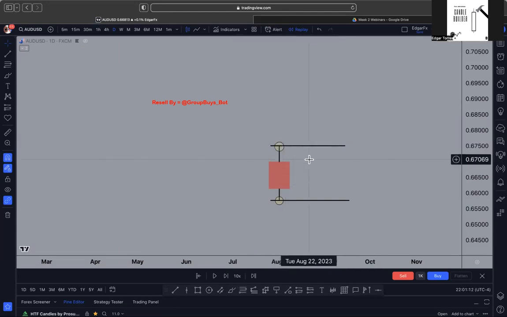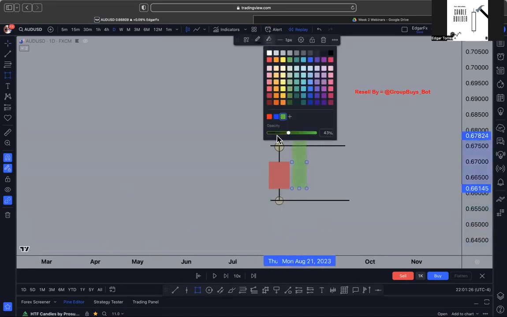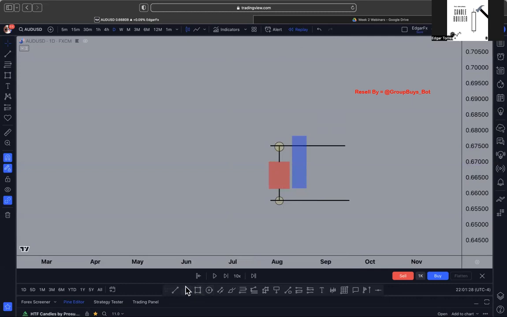All right, so it will look like this. It'll run up. So this will all look up first. And then when it runs down, it'll leave the wick behind like this.